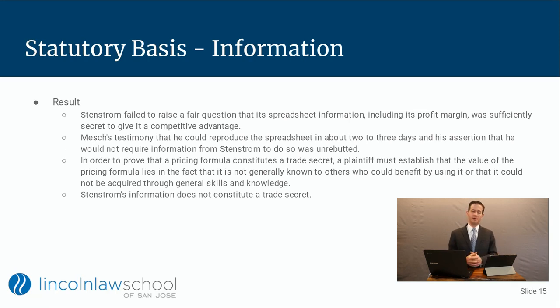Obviously Stenstrom disagreed with that position, but Mesh said, you know what? I could redo this entire thing in about 2 to 3 days. So that which they are indicating is a trade secret is not, because it is information that is not giving a competitive advantage here. 2 to 3 days is not that much time to duplicate the information. The court concluded that Stenstrom's information does not constitute a trade secret.